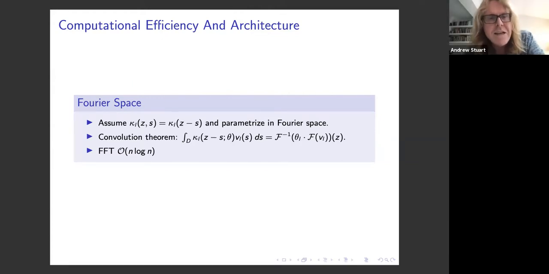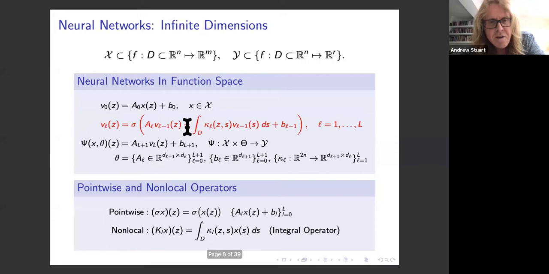So let me say a little bit about computational efficiency. I could say more on this, but making this architecture efficient is non-trivial in general because of the non-local nature of this operation here.